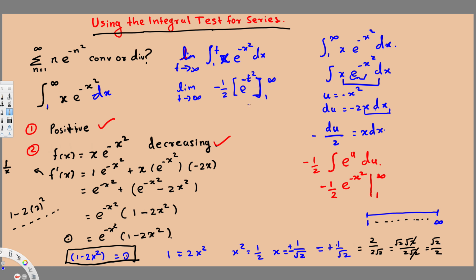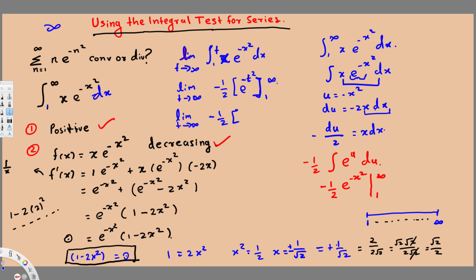All we have to prove is whether we get a finite number or an infinite number. If we get infinity, that's divergent. If we get a finite number, that's convergent. So that's all we have to prove right here. Let's do the plugging. We are going to have negative half, limit t approaches infinity.